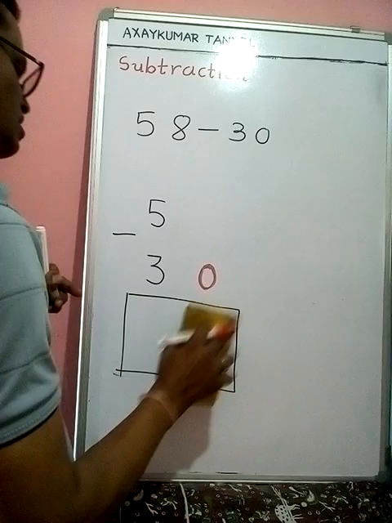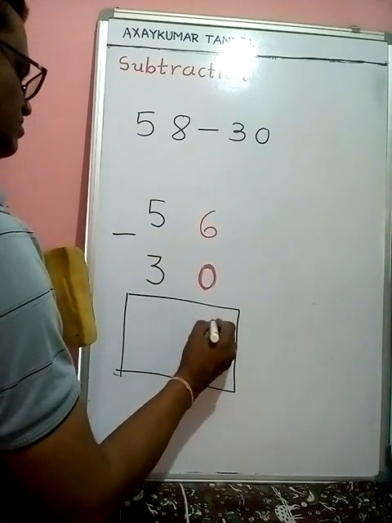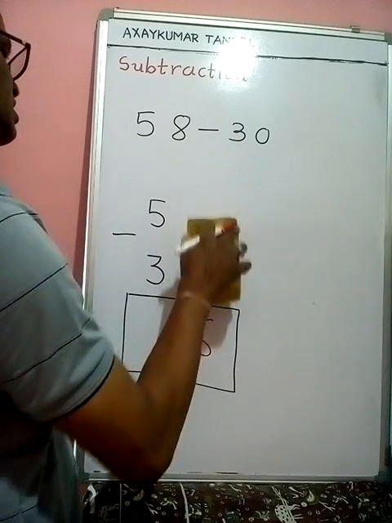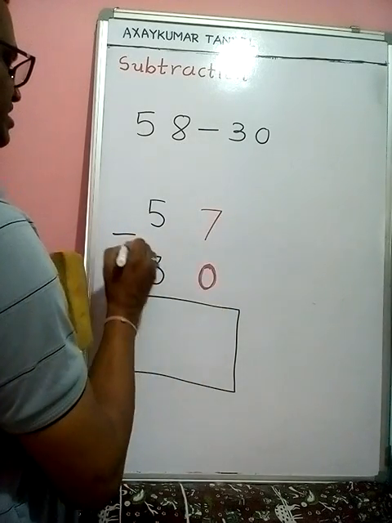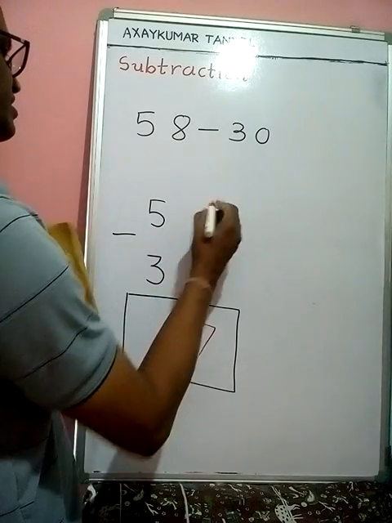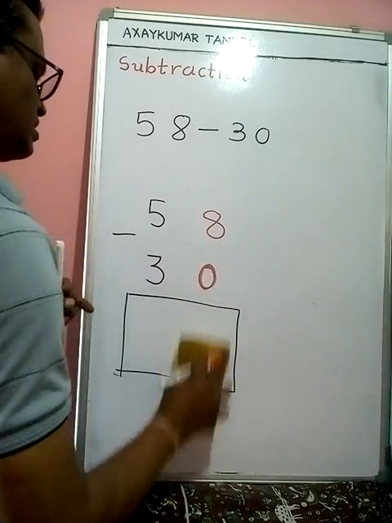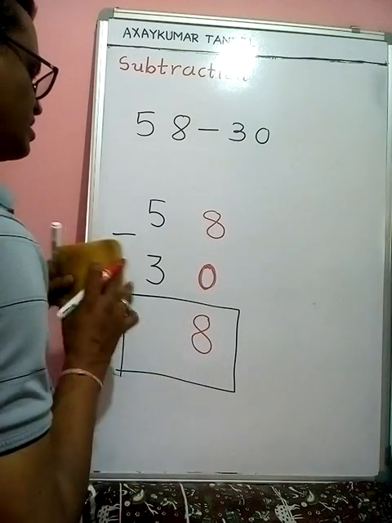If here 6 minus 0 is equal to 6. If here 7 minus 0 is equal to 7. If here 8 minus 0 is equal to 8.